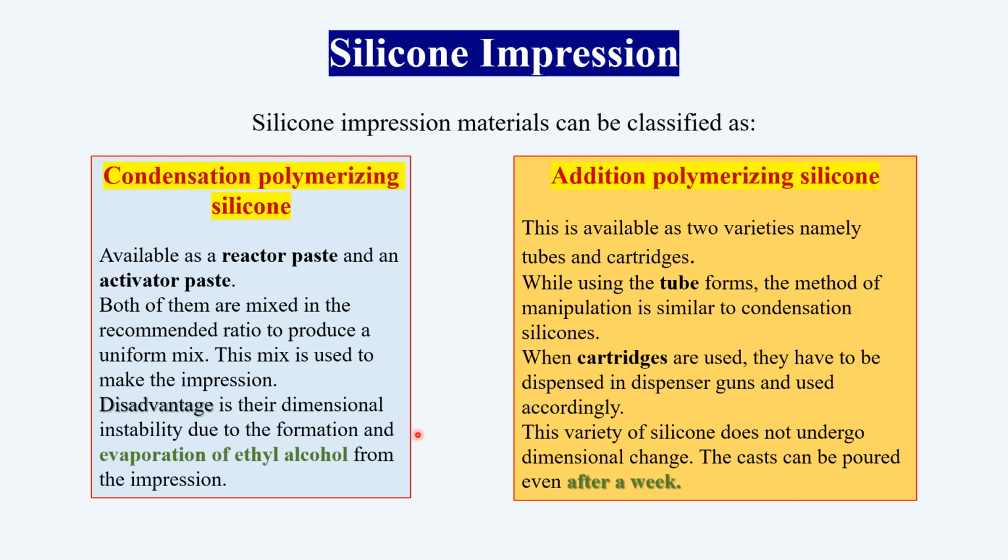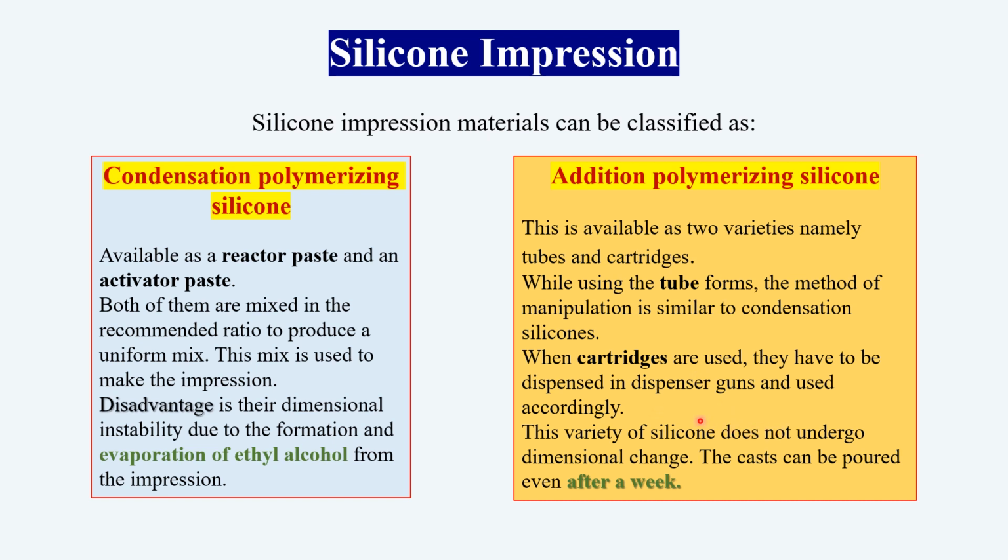So they mainly lead to dimensional instability. That is a disadvantage. Now addition polymerizing silicone is also available in two varieties, namely in tubes as well as in cartridges. While using the tube form, the method of manipulation is similar to that of the condensation silicone, where you have to mix both of the tubes. But when you are using a cartridge, they have to be dispensed in a dispenser gun.